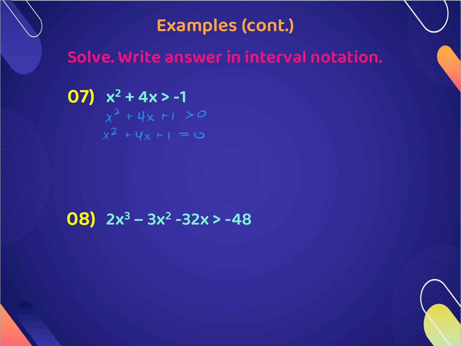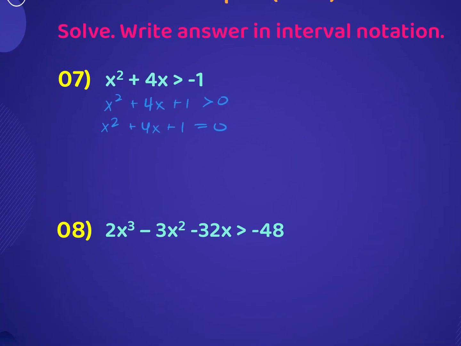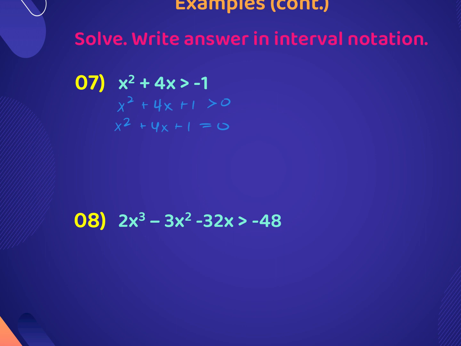So now you say, well, how am I going to solve it? Well, some of you may choose completing the square, and some of you may choose the quadratic formula. I personally, because A is 1 and B is even, I'm going to move the 1 back over to here, and I'm going to use completing the square. So I'm going to take half of B, which is half of 4 is 2, and square it, which is 4, right?